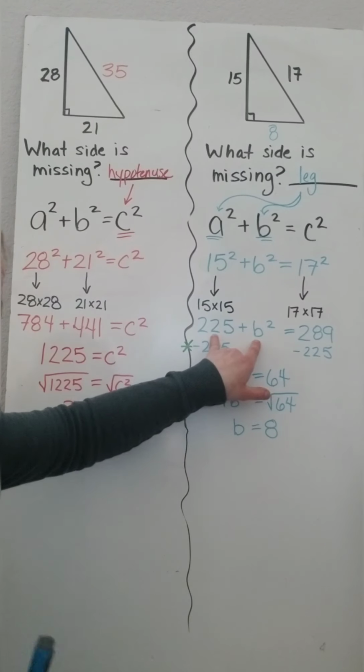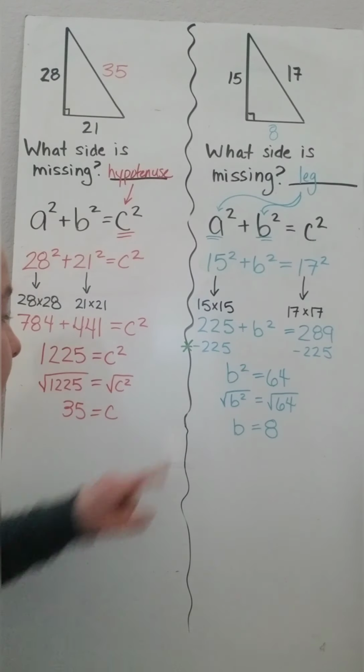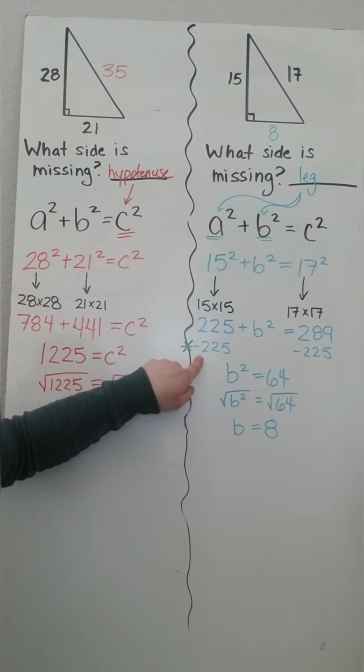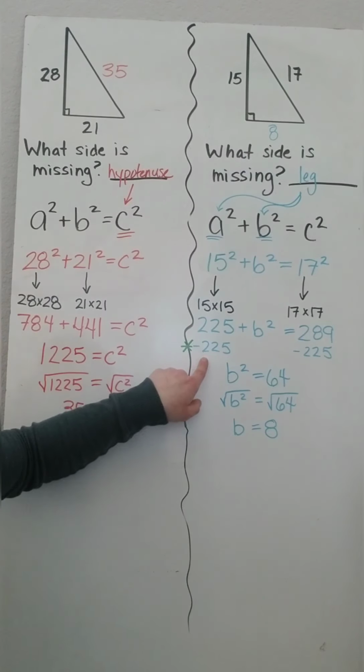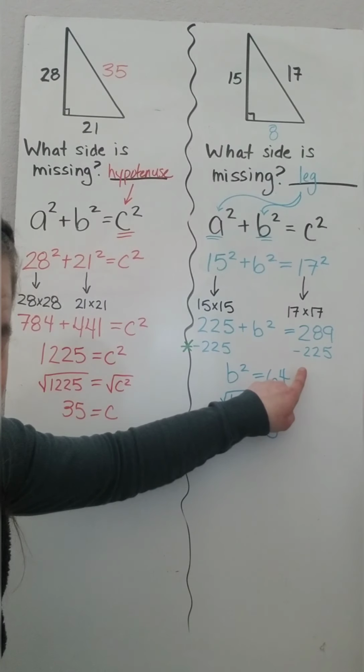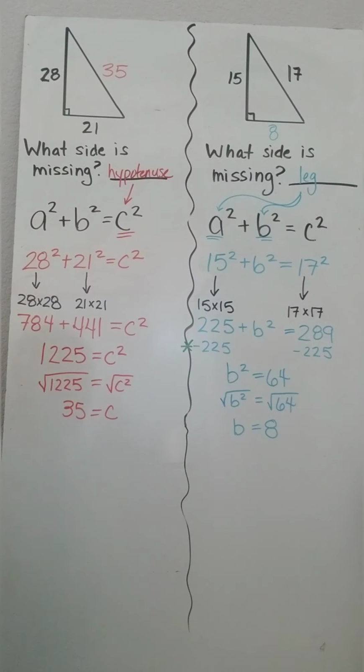So the only difference in these two problems is when we're missing a side length or a leg, you have to subtract a value and move it over to the other side, leaving you with your variable on that side.